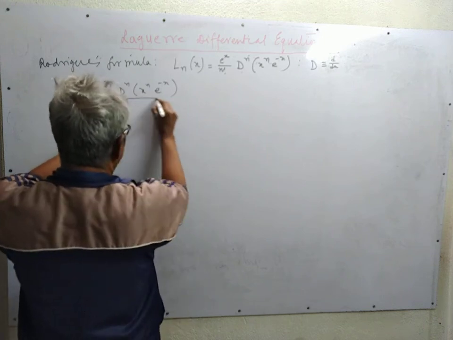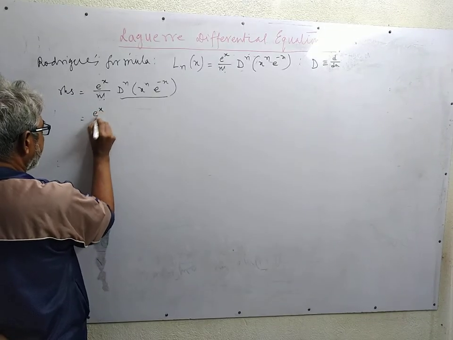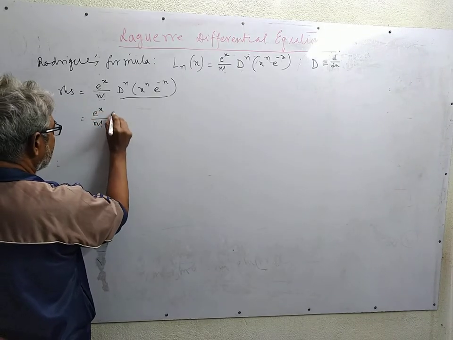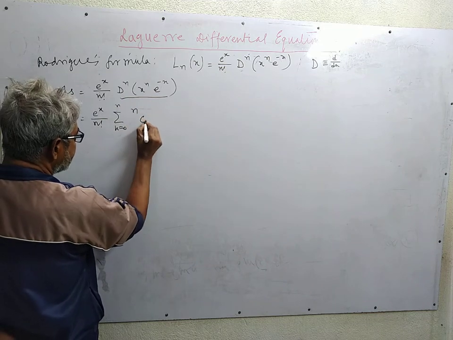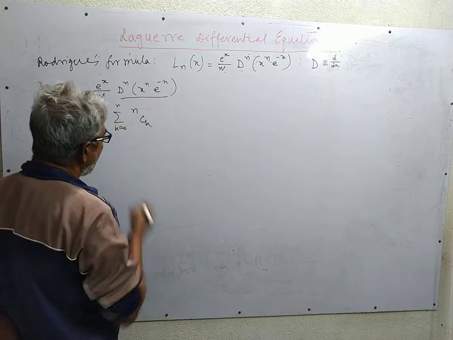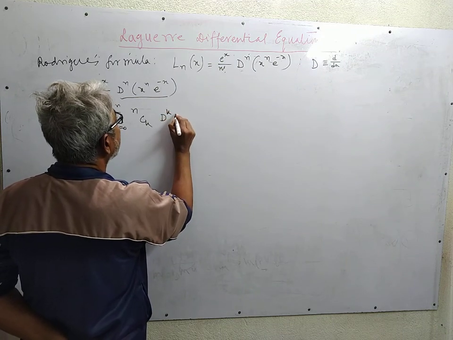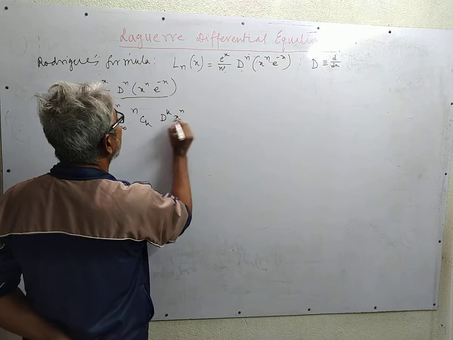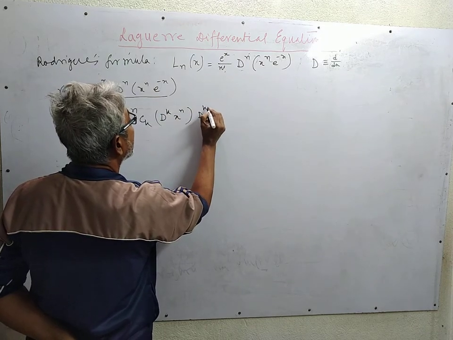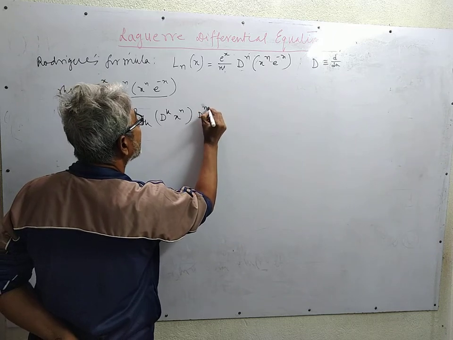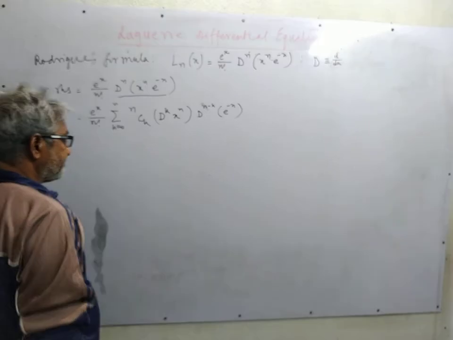To evaluate this part, we use Leibniz theorem: e^x by n factorial, summation over k equal to 0 to n, nCk, d^k operating on x^n, d^(n minus k) operating on e to the power minus x.